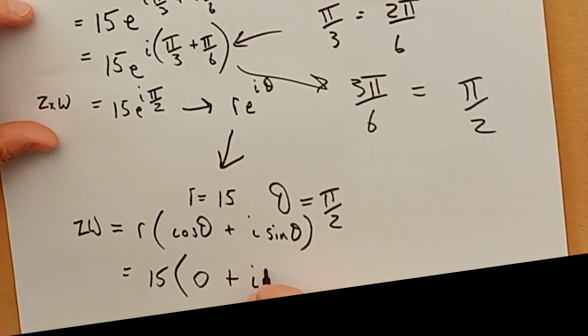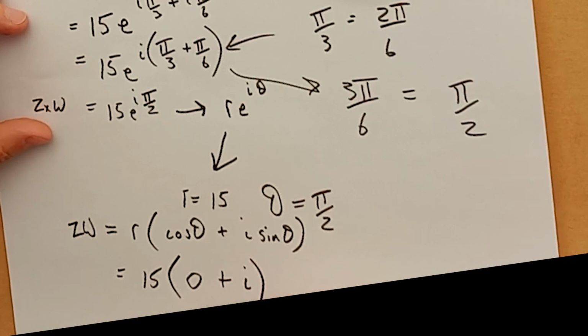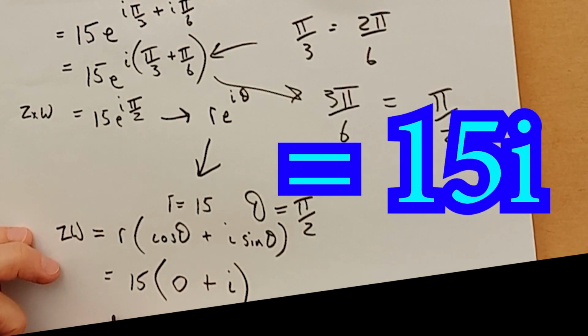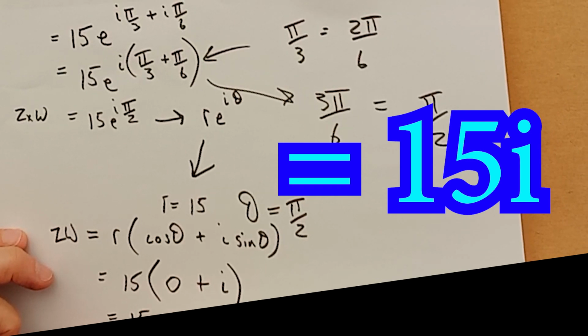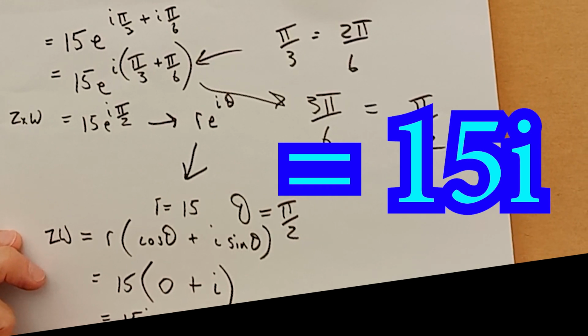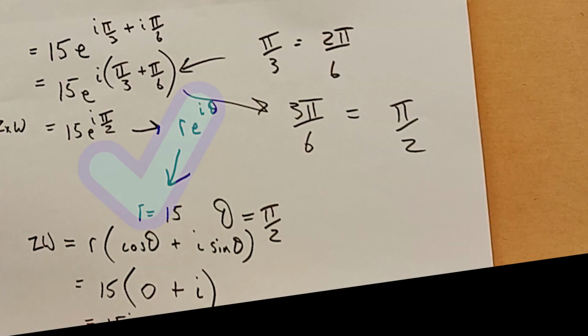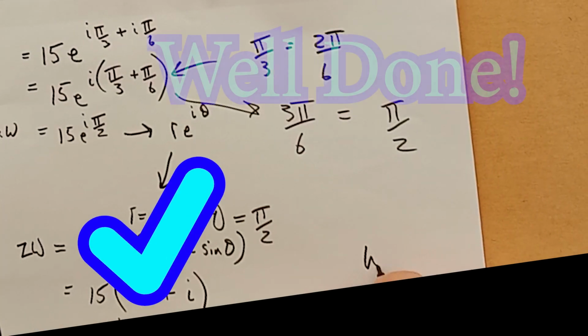So i times 1, which is i. So 0 plus i is just i. So we have 15i. And that is as simple as we can make it. So we'll give ourselves a big tick and a well done.